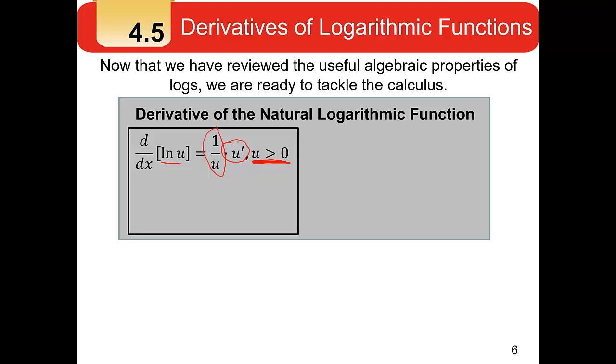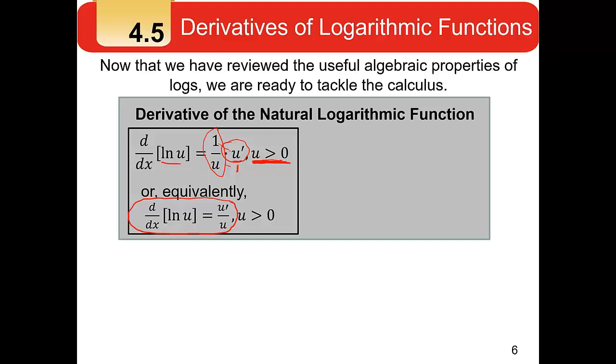Now, most of the time, I like to write that formula slightly differently. And I like to write it this way. If you think of u prime as u prime over 1 and then multiply top times top and bottom times bottom, that formula can turn into something to me that's easy to remember. It's just u prime over u. So the way I like to use this formula most of the time is think of it this way.